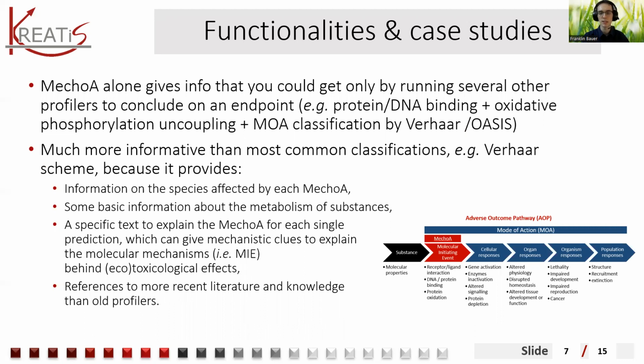It gives some basic information about the metabolism of substances and shows a specific text to explain the MechoA for each single prediction, which can give mechanistic clues to explain the MIE behind ecotoxicological effects, rather than just giving generic modes of action that other schemes often provide, which are not well defined in the AOP framework.